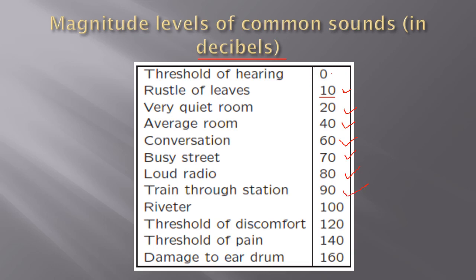Now you can imagine what 90 dB looks like. Then 100 dB will cause our ears to be really painful, and 160 is damaging our eardrum. So never turn the music too loud, or it will damage our eardrum.